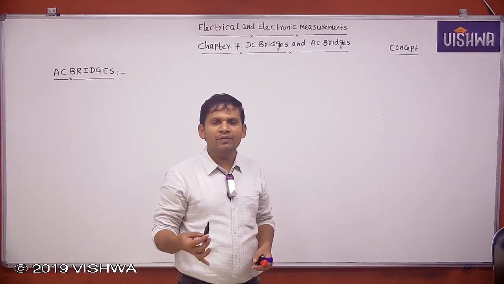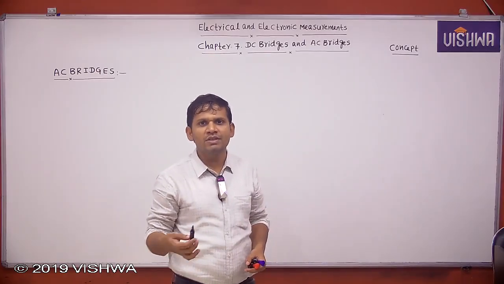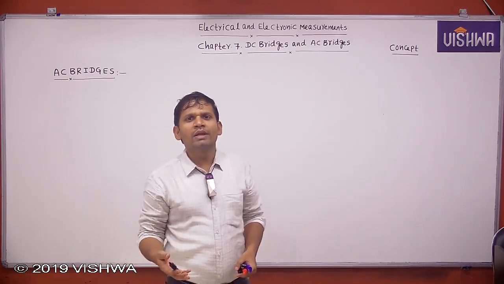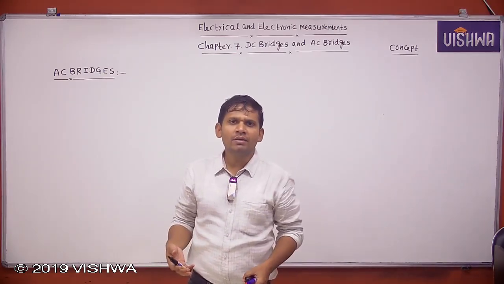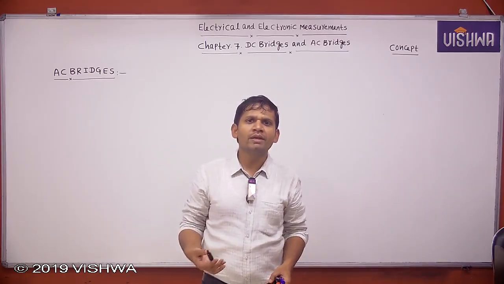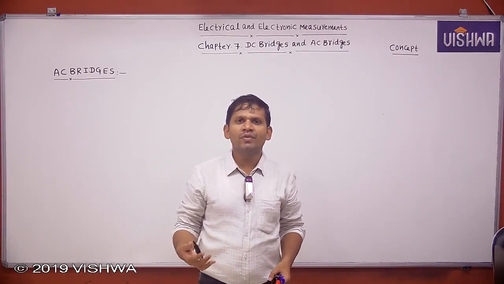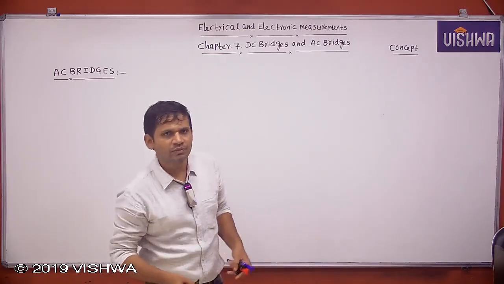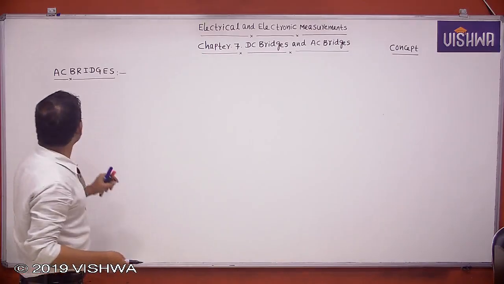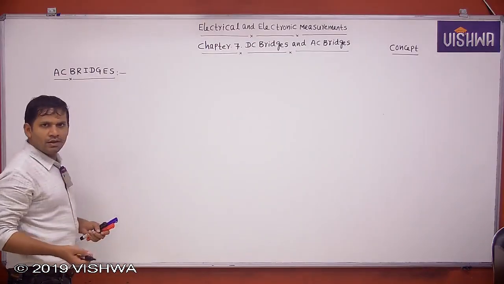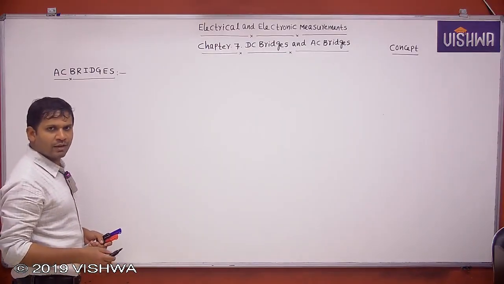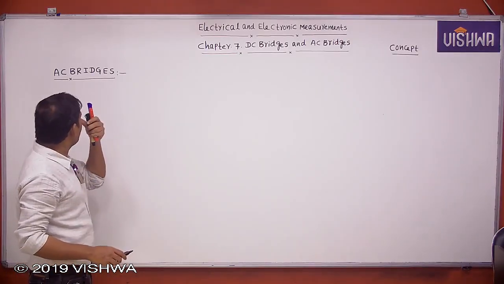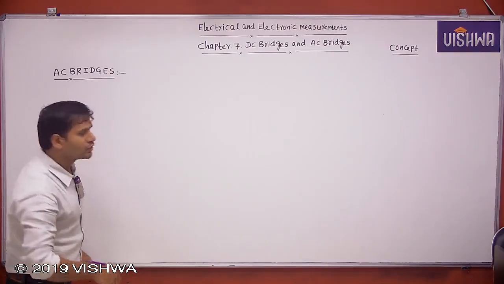That's why the reference bridge for AC bridges is also the DC bridge, the Wheatstone bridge. In the DC bridge, we can replace the arms by impedances, the source by an AC source, and based on the frequency we can use some detector, then it becomes an AC bridge. That's why the basic bridges are DC bridges. Whether AC or DC, it works on the principle of null deflection.